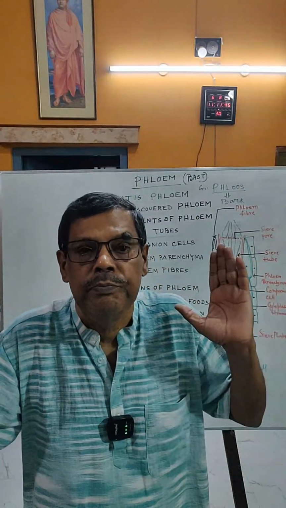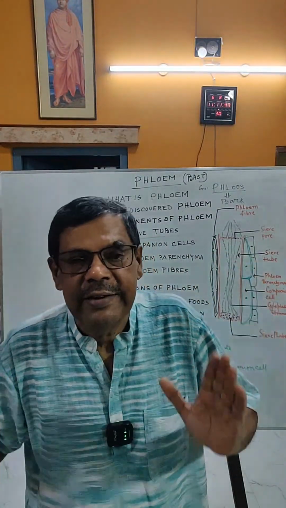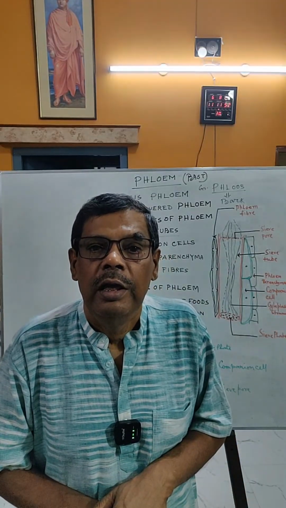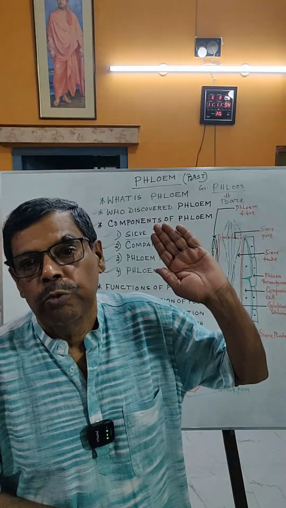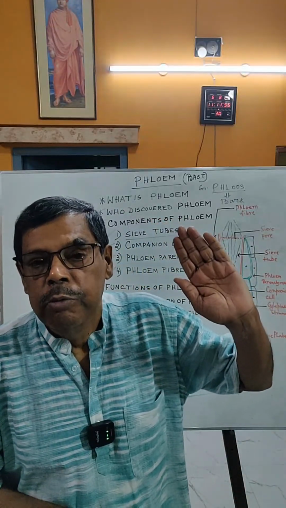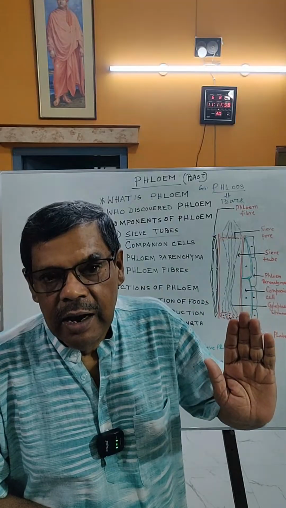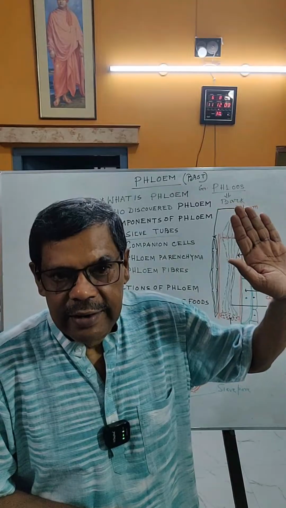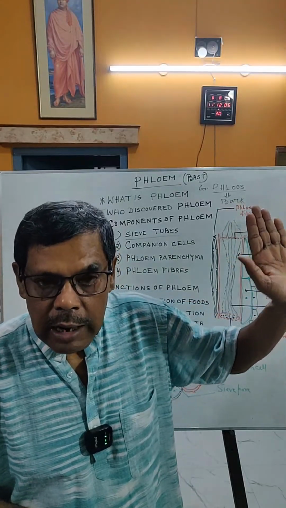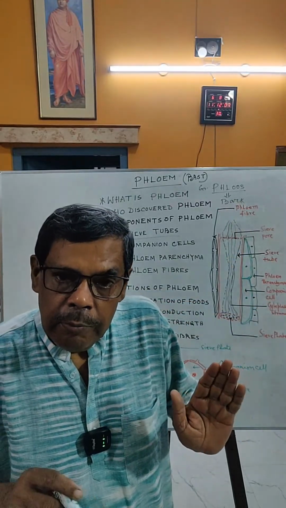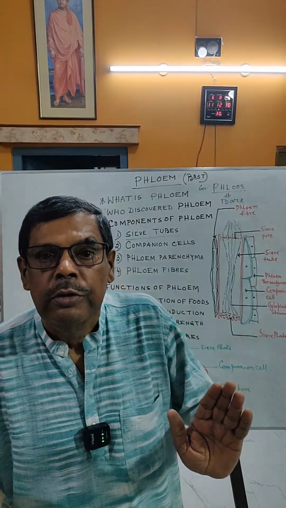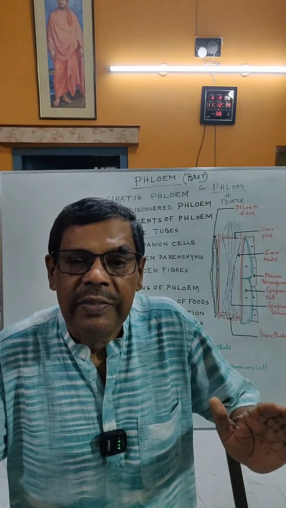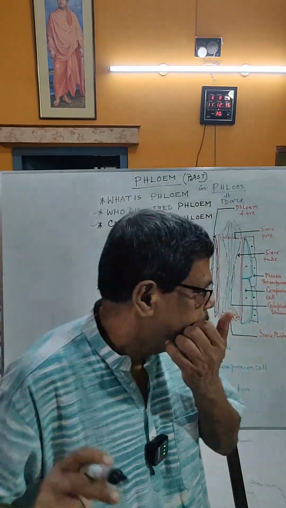Through these sieve pores, adjacent cytoplasmic strands are joined. And through these sieve pores of the sieve plate, food materials are transported from one cell to another cell, that is upward, downward, from the storage to the growing region and several other cells of the plant.